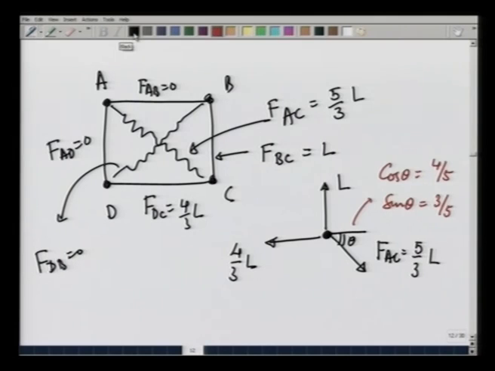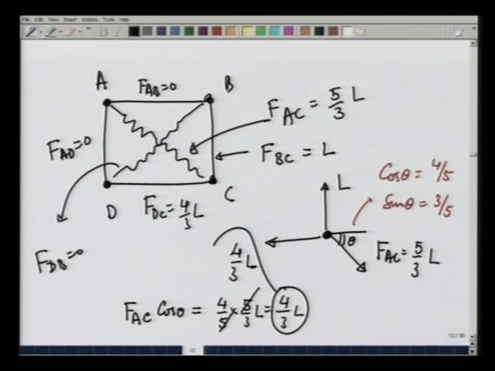If everything has been solved correctly, point A again should be in equilibrium. So, F_AC cosine of theta comes out to be 4/5 times 5/3 L, which is 4/3 L, and this force is going to balance this force out.